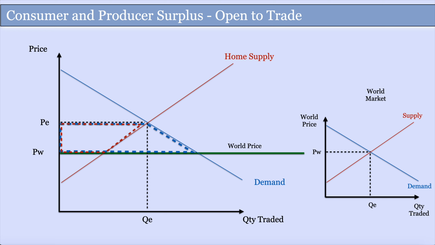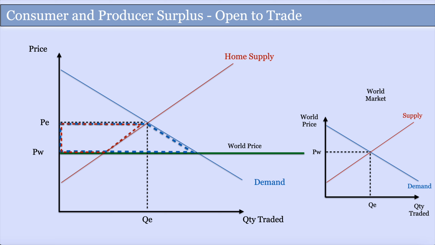So this box here is the loss of the producer surplus, but the big blue box there, this whole box here, is the gain in consumer surplus. And so you still have a welfare gain from being open to trade. And that's quite a nice and easy way to show the benefits of international trade.